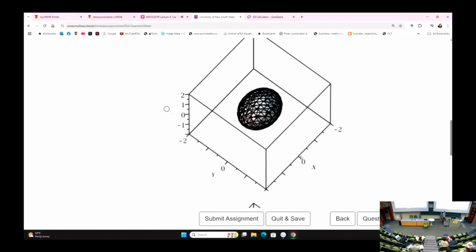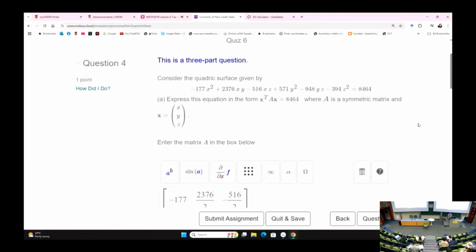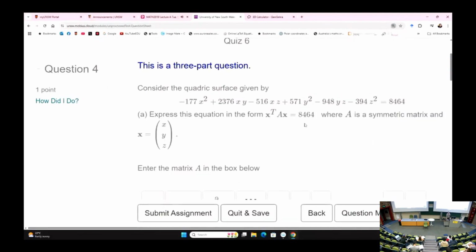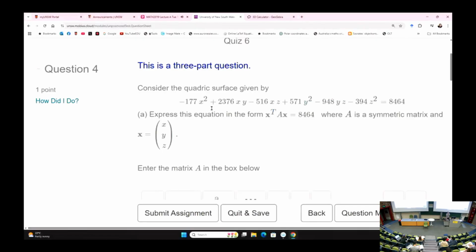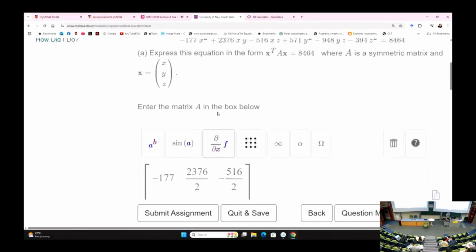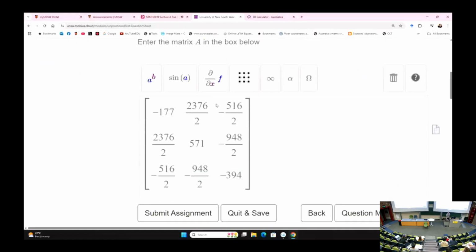All right, so back here. How do you actually get this form for the three-dimensional case? I'm glad you asked. Let me look at what's down here. The coefficients of the squared terms go down the main diagonal.